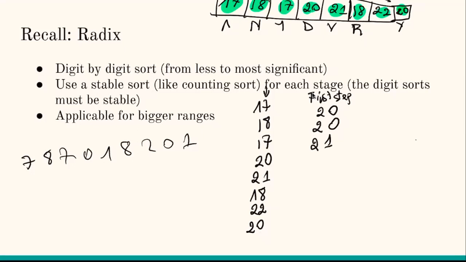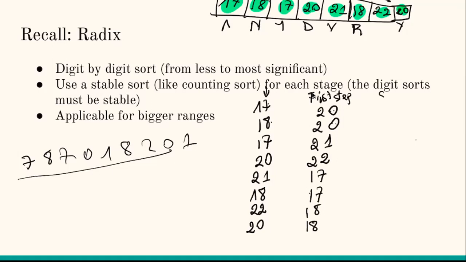We consider the last digit only. So if we sort with respect to that part, we have first 0, 0, 1. The next value is 22, I can see 2 there. And the next value is 17, and then 18. We will not have 19. We have 2 18s.